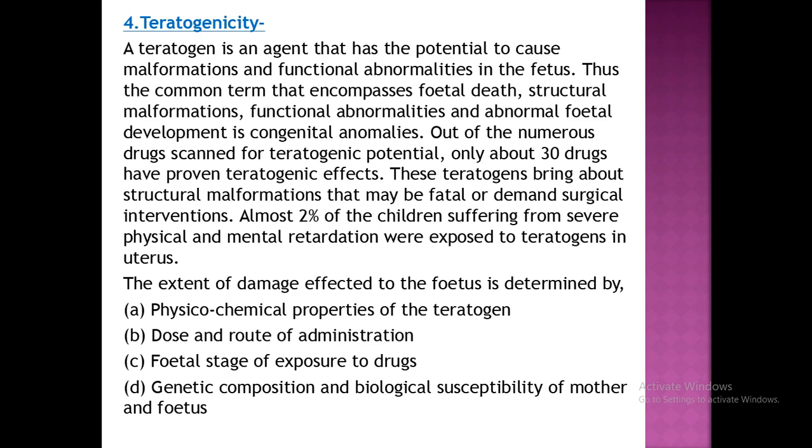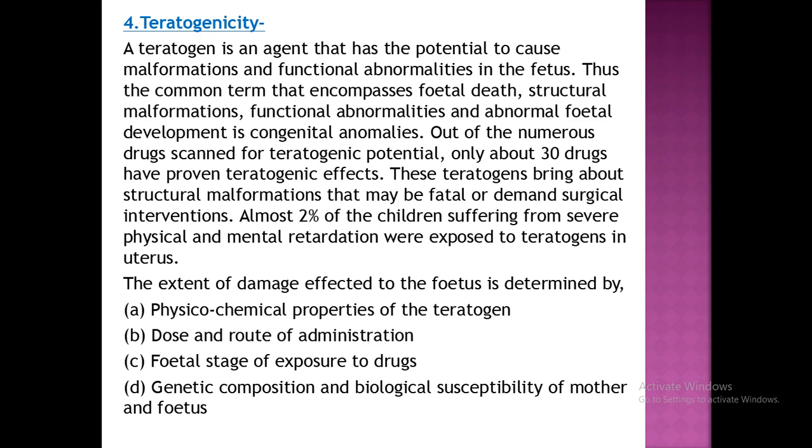So, birth defects are due to teratogens. Thus, the common term that encompasses fetal death, structural malformations, functional abnormalities, and abnormal fetal development is congenital anomalies. So, the medical term used for birth defects is congenital anomalies.